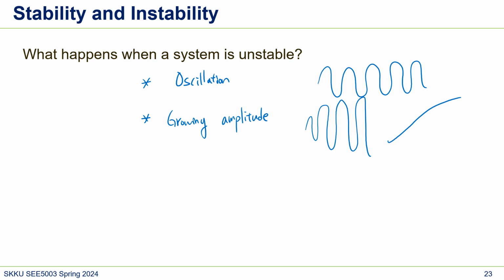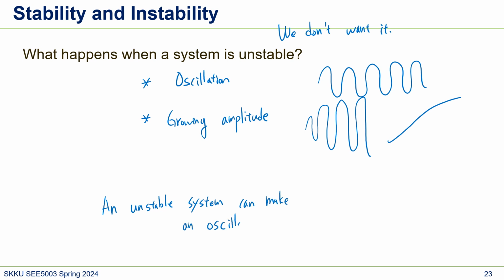So we don't want it. But not always. Sometimes we want the oscillation. For example, an unstable system can make an oscillator. I mean, we need an oscillator to make maybe a sine wave or clock. But in our analog circuit design, in this lecture, we say the unstable system is not desirable. We don't want them.